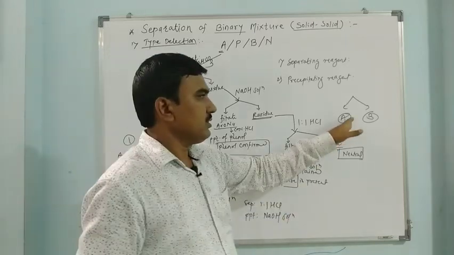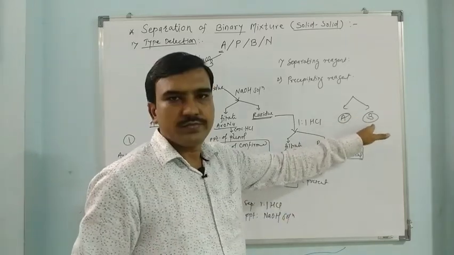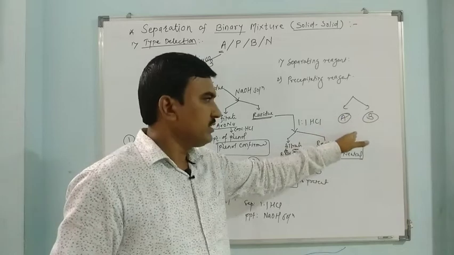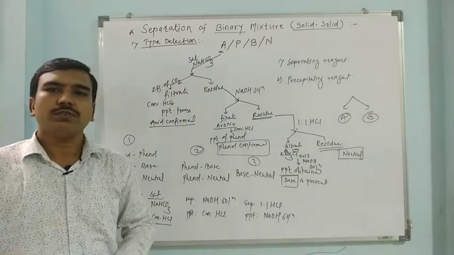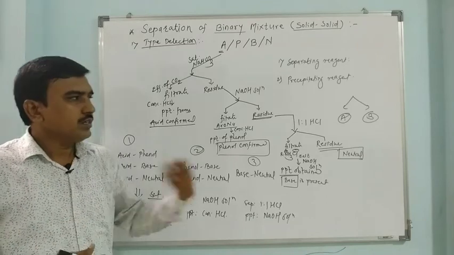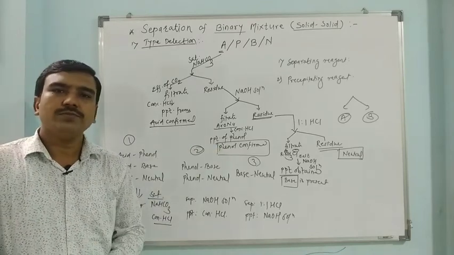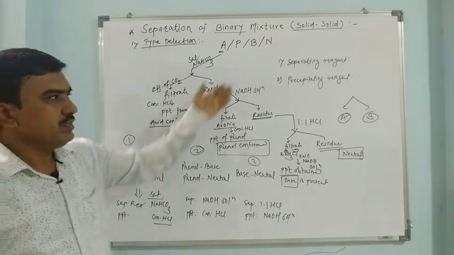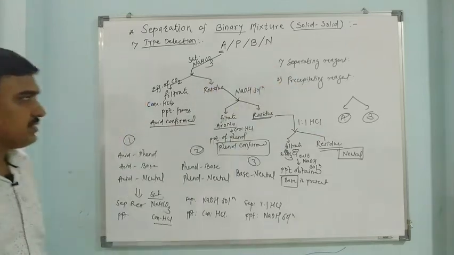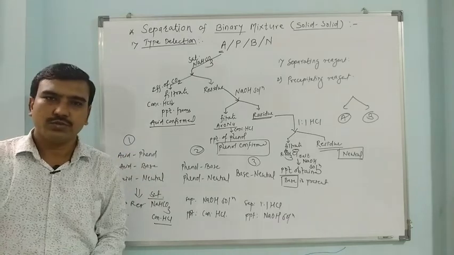So suppose you got acid and phenol, then you can identify acid or you can identify phenol. Which component you have to identify, this information will be given by the examiner or us, and for the second component you should report just its type and physical constant. So in this way we do the separation of a binary mixture which contains two solid components.